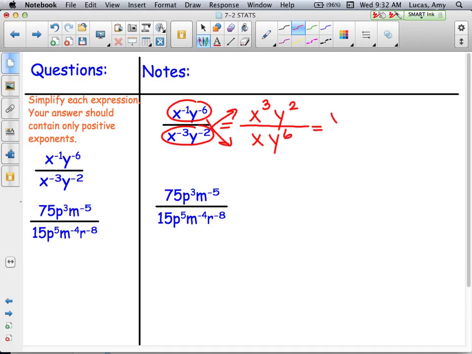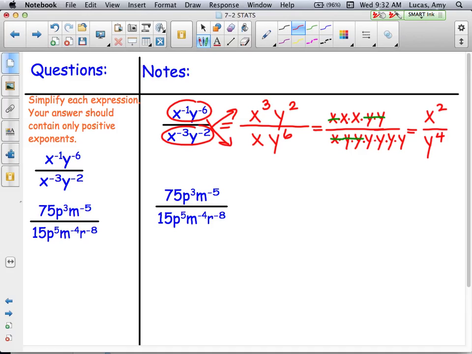Now I can do some expanding and simplify this. Okay, so 1x cancels out, 2 y's cancel out, and what I have left is x to the 2nd on the top of the fraction, and y to the 4th in the denominator.